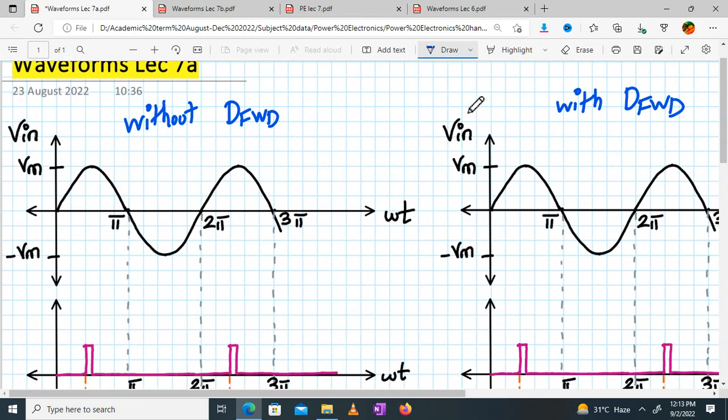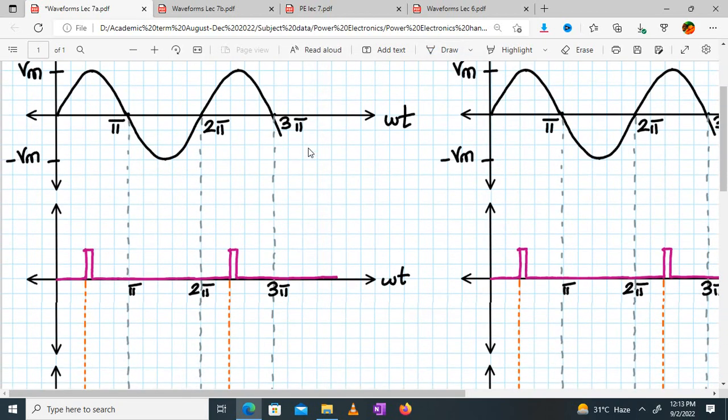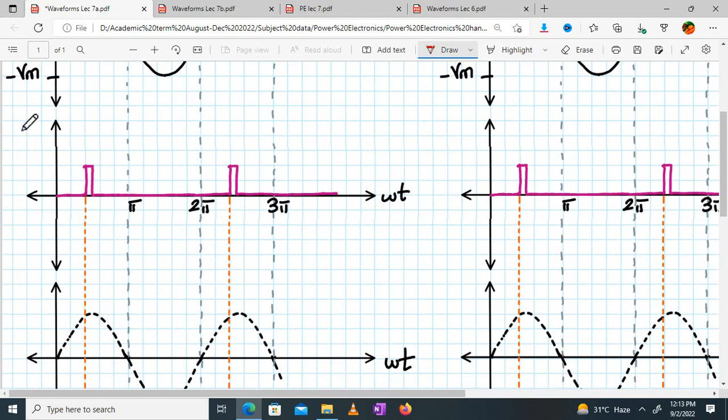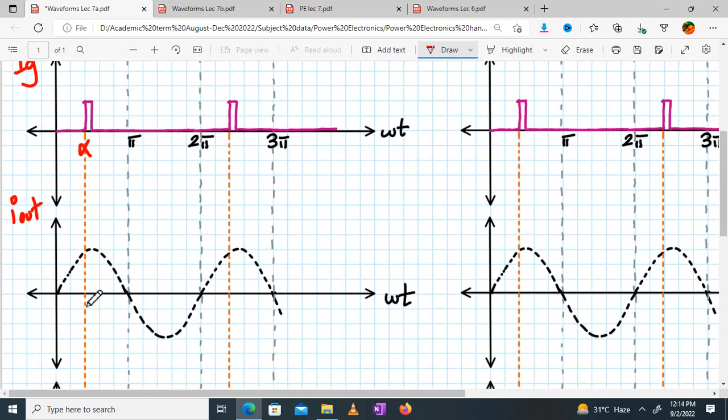Blue color, red color is visible? Dark? Yes, no? Okay, now we'll quickly, I am not telling you to draw this, let's quickly draw that. So over here, let's say this is my IG. How will my I in look like, I out look like? This is alpha, right? Correct?